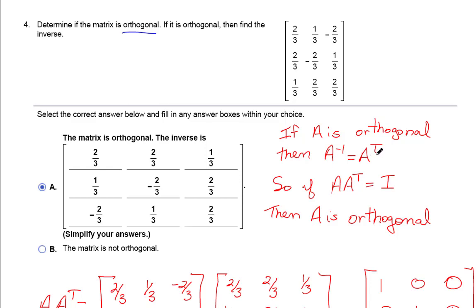Now, A transpose is pretty easy to find. So if I can just calculate A times A transpose, and see if it is the identity, well, if it is, that means that A transpose is A inverse and A is orthogonal.